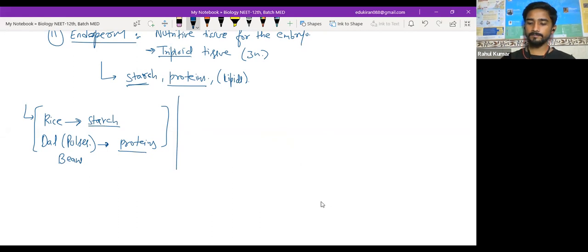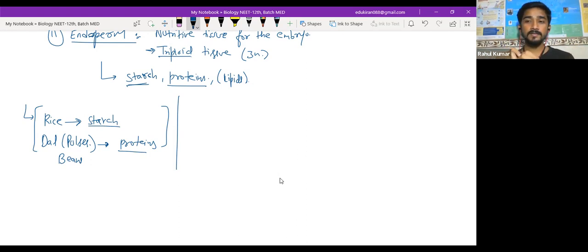Now write down. In monocot seeds like corn and other cereals, endosperm constitutes the major part of the seed.